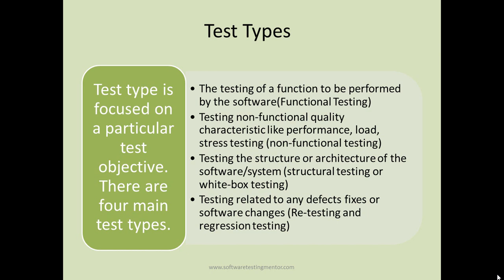Then testing non-functional attributes or quality characteristics of a software like performance, load, or stress is known as non-functional testing. So the second test type is testing the non-functional attributes of a software.